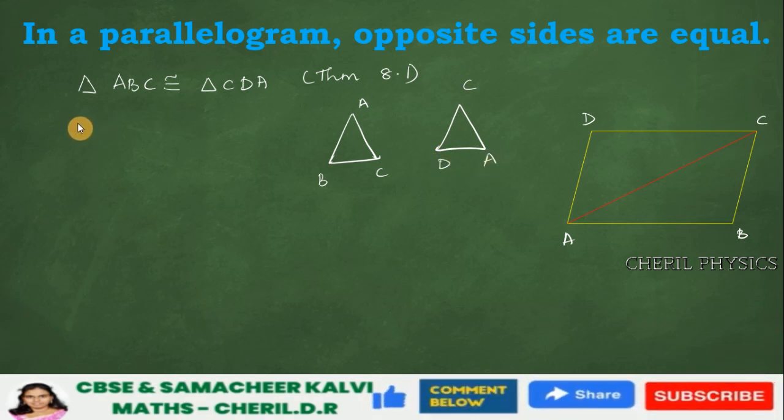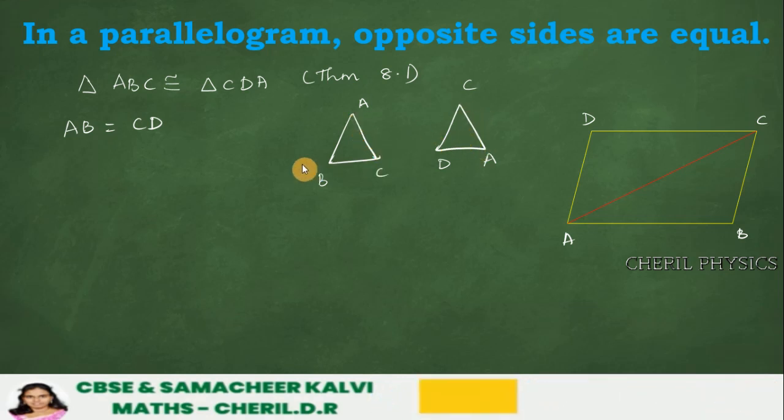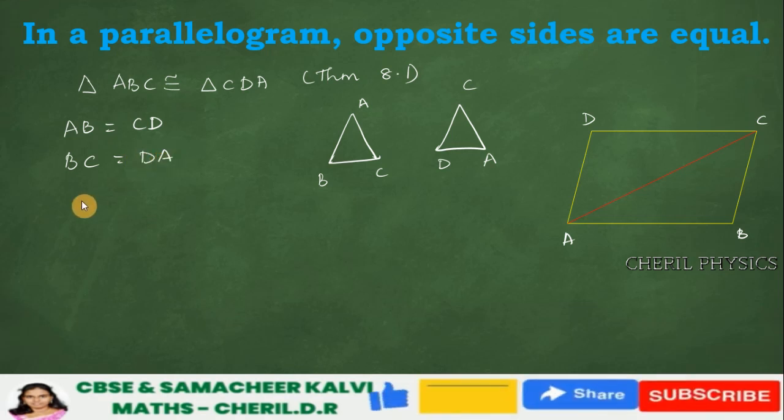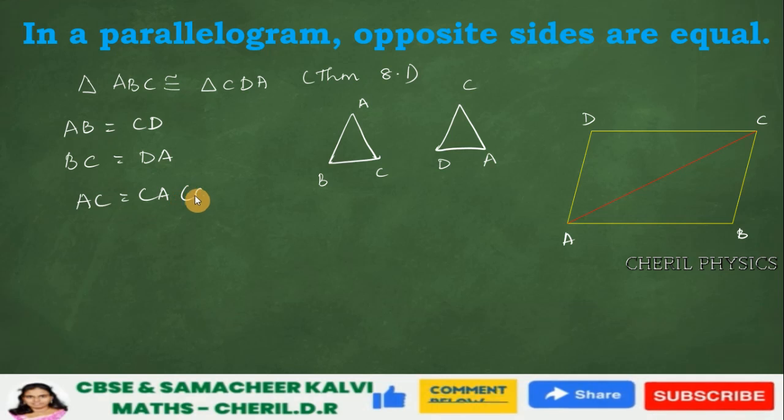We know that AB will be equal to CD, and similarly AC will be equal to AC, that is the common side. So AC is common, and BC is equal to DA. BC is equal to DA, and AC is equal to CA, which is our common side.